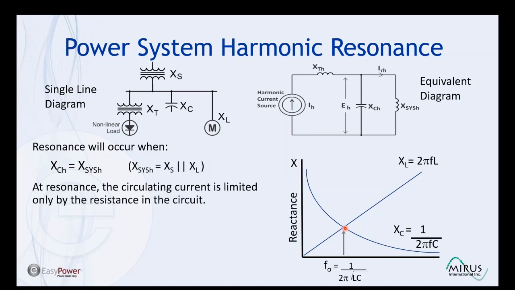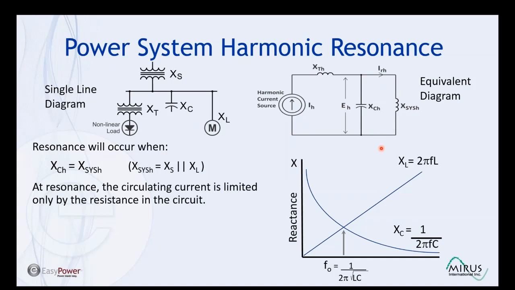We can see that our inductive reactance curve and our capacitive reactance curve, when they cross, is our resonance point, because that's where the net reactance is equal to 0. And so if we have any voltage at that particular frequency, that voltage will drive current and circulate current in that circuit.